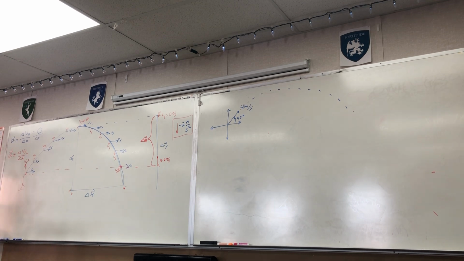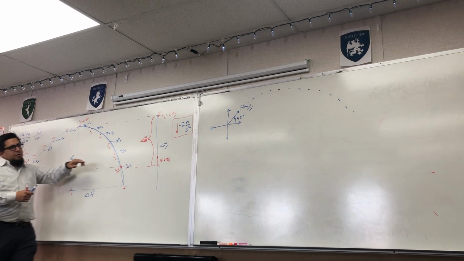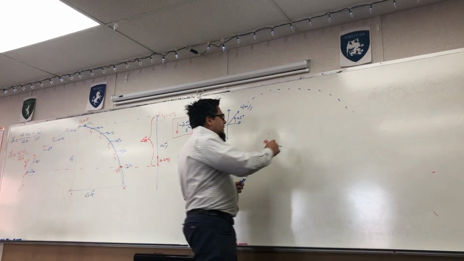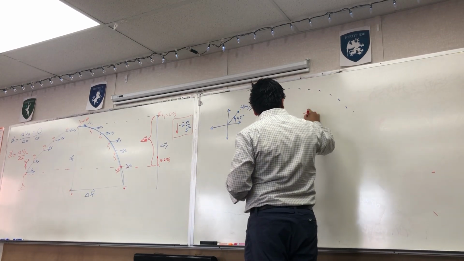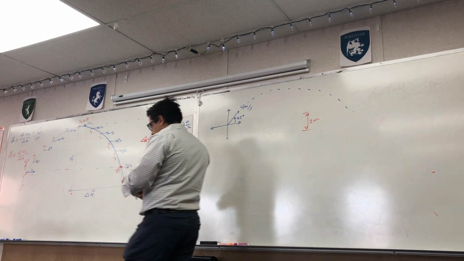Okay, but if the velocity is changing, then that means the acceleration would change too, right? Because if in that equation the change in v is a different number, the answer's going to come out different. Remember, acceleration is the change in velocity over time, the time rate of change. So, in the first second, you fall 2 meters. Go in your book.